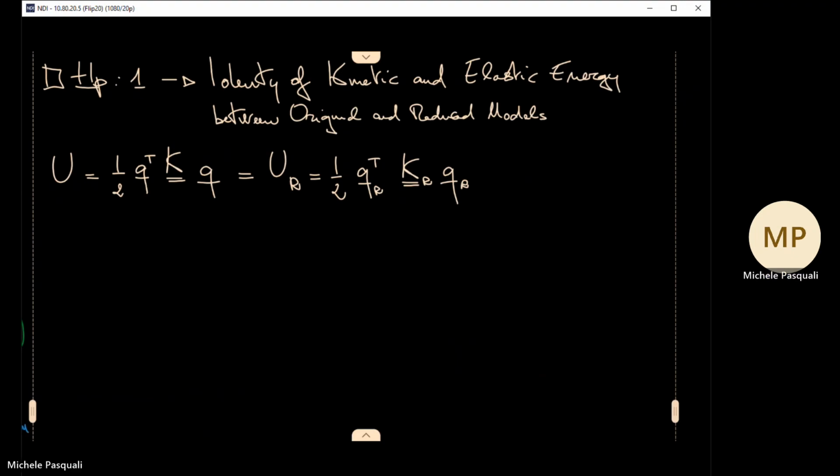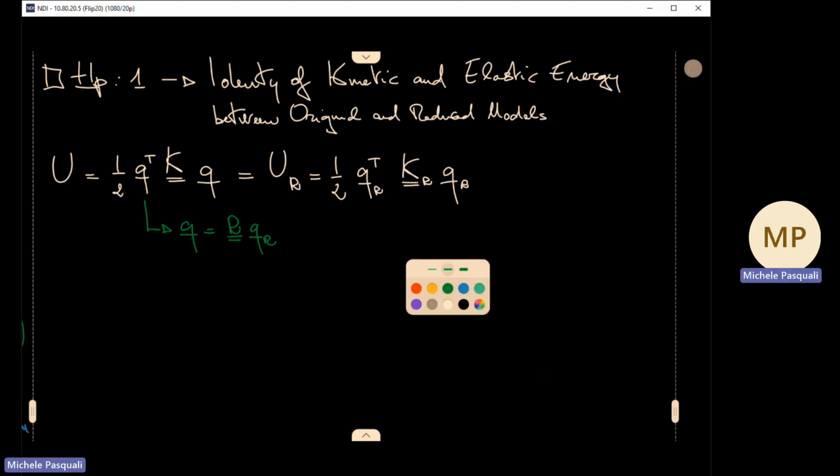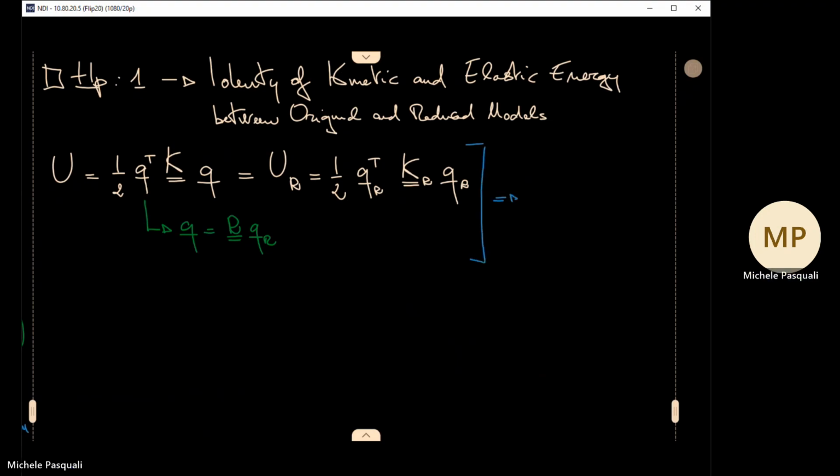Now, since we have that Q is equal to R over Q_R, we substitute it here, and we have what?